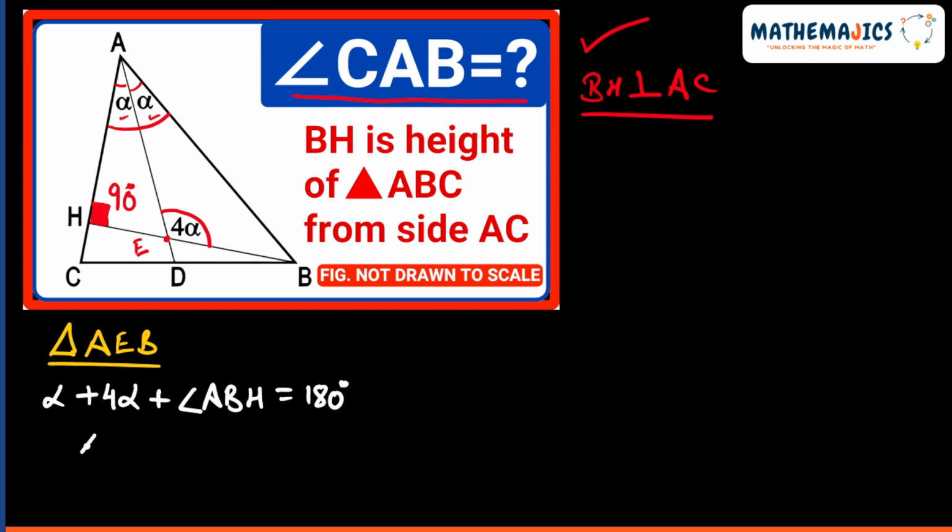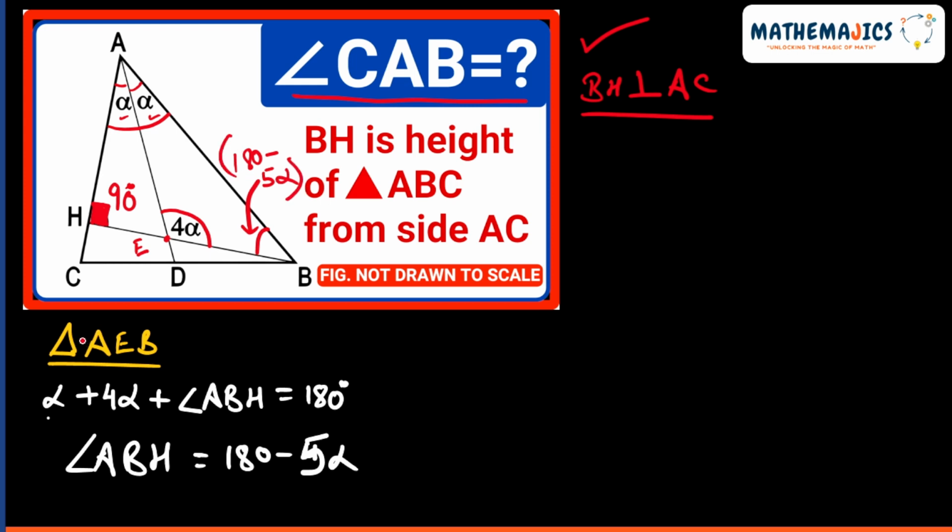Correct? So that means angle ABH will be equal to 180 minus 5 alpha, because alpha plus 4 alpha will be 5 alpha. Correct? So let's mark this here in the figure. This angle is 180 minus 5 alpha. Correct? So let's jump to a different triangle now.